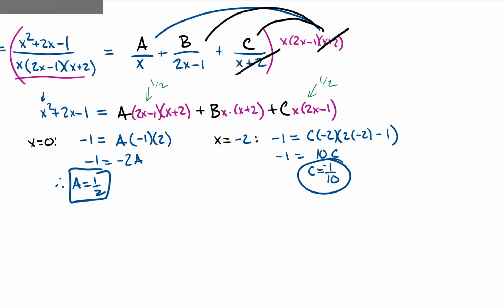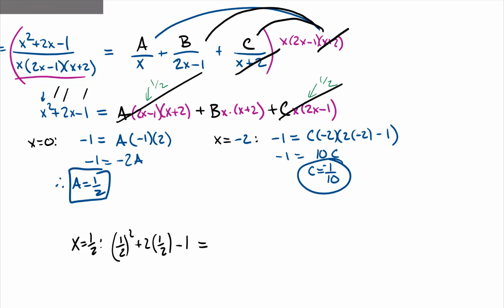So when x is equal to a half, we're going to have 1/2 squared, just dealing with this side over here, plus 2 times 1/2 minus 1 is equal to, we already know that's going to cancel, that's going to cancel. So we're going to get b times 1/2 plus 1/2 plus 2.